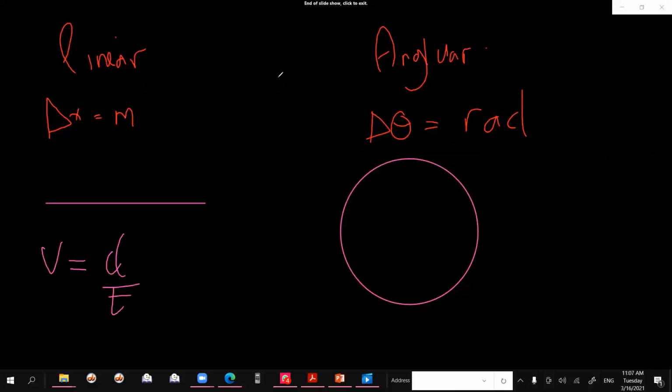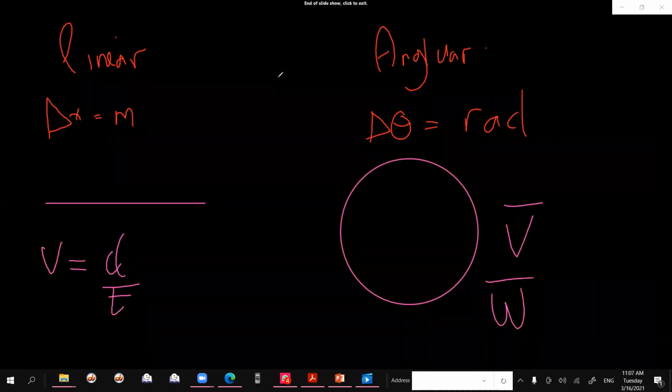Now, what about the angular? For the angular, we have the same, but we call it angular velocity. Its formula is, instead of writing V, we write it in Greek as omega.